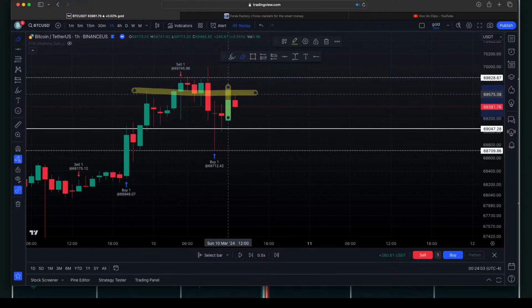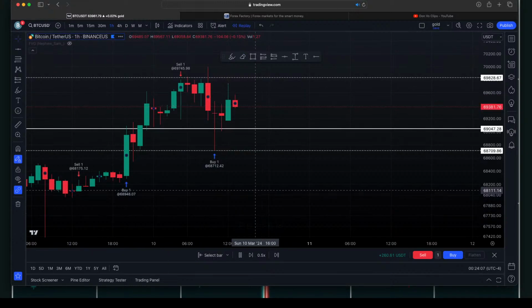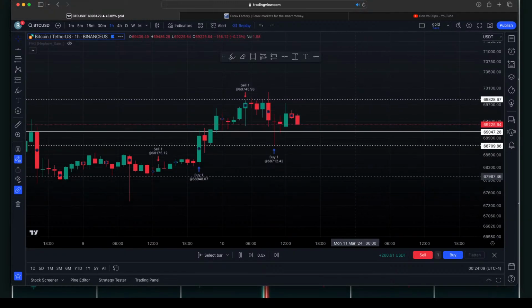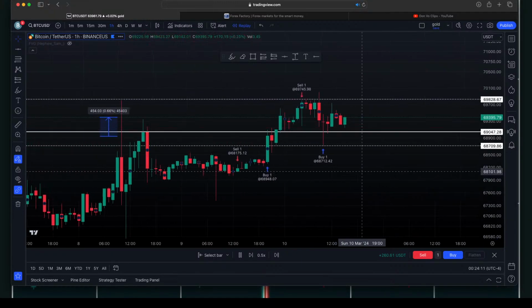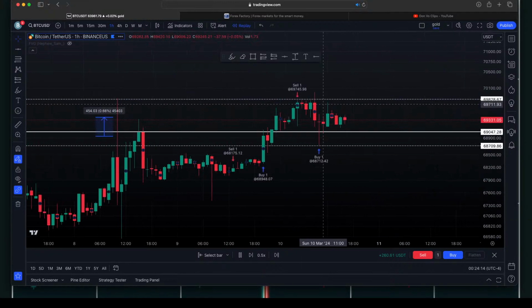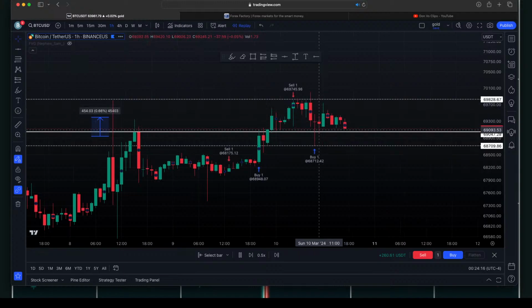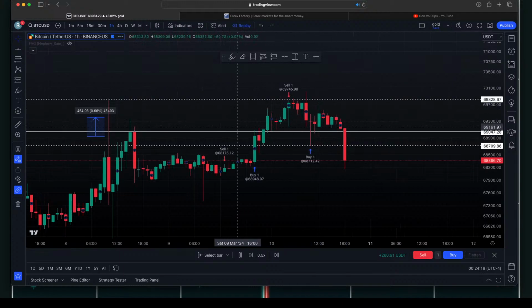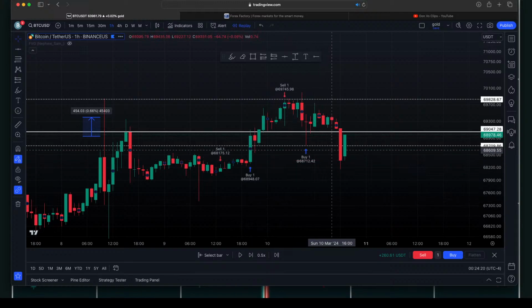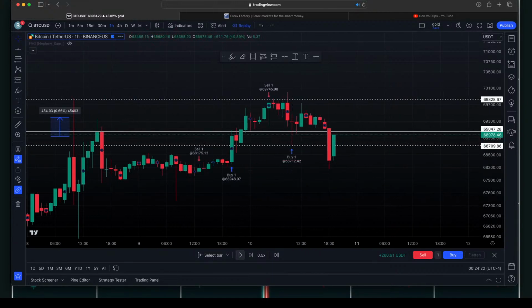We broke that high. So now that we broke that high, we need to break these lows. So we need to probably come down. Boom, there it goes. Broken that low, top wick.